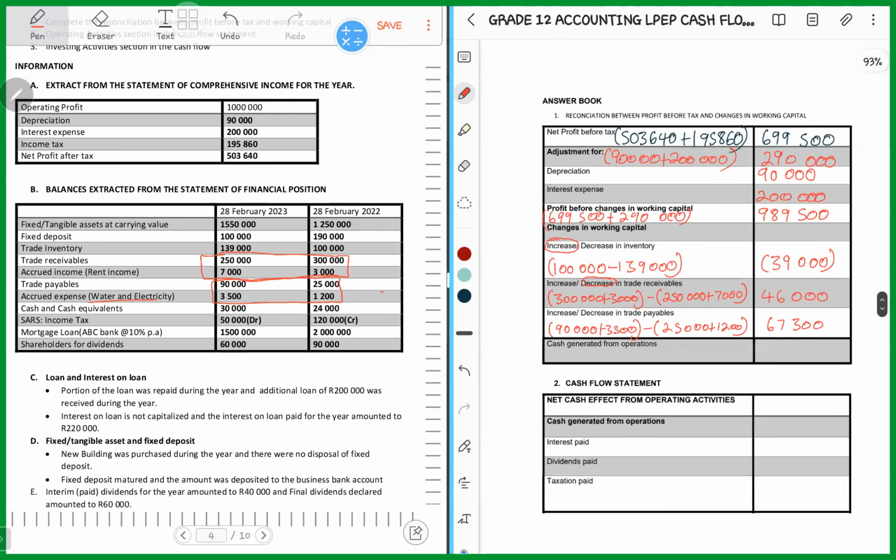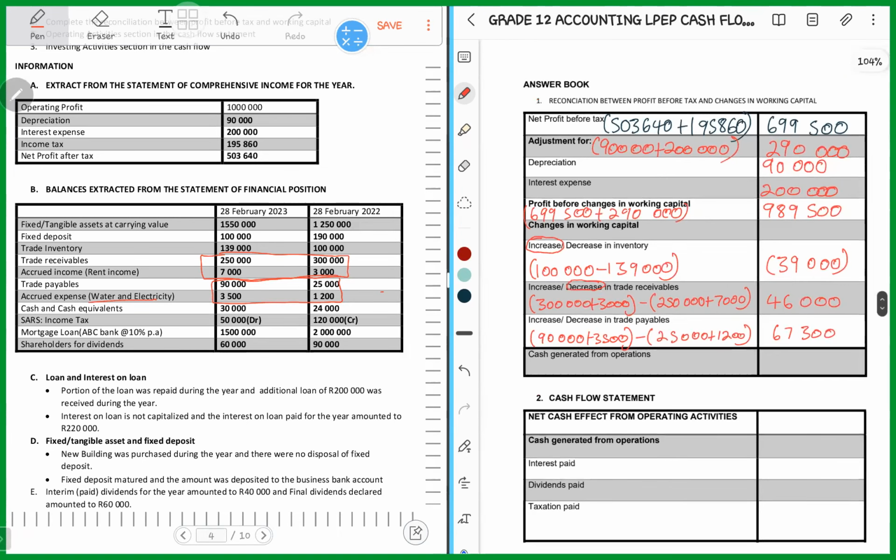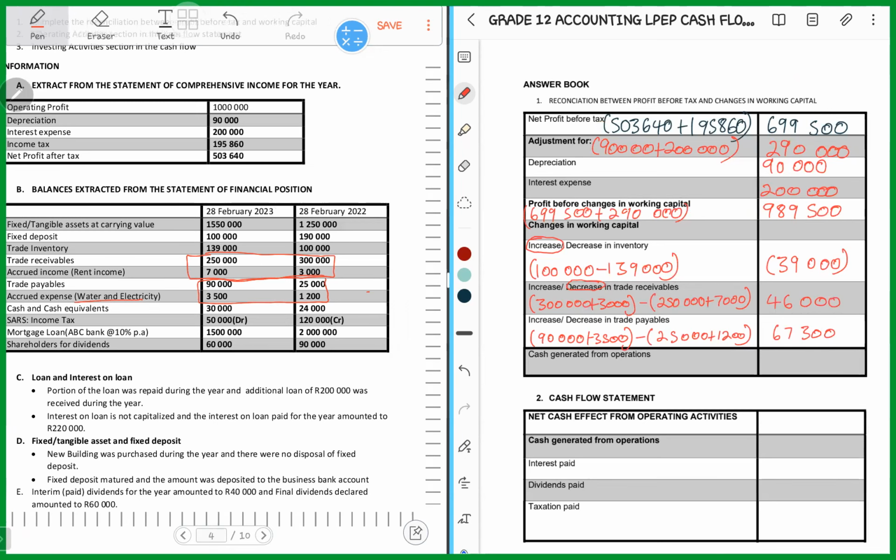Then now we have to find the total changes in working capital. Remember, start with the inflows, then you subtract the outflows. So it will be 67,300 plus 46,000. Then we subtract the outflow of 39,000.